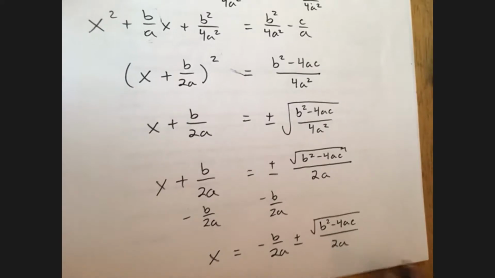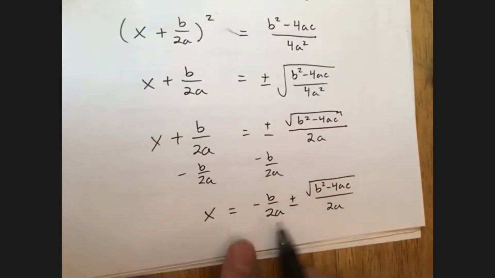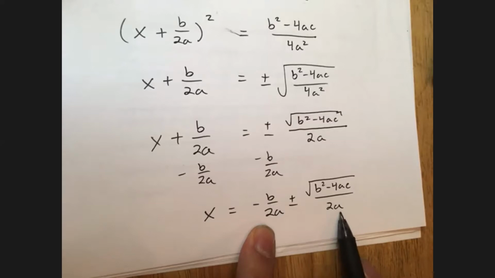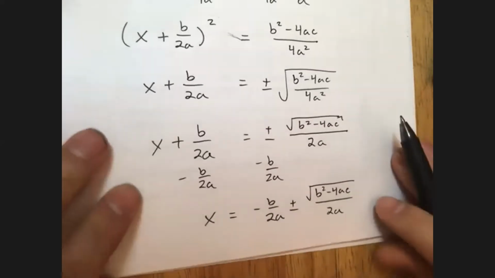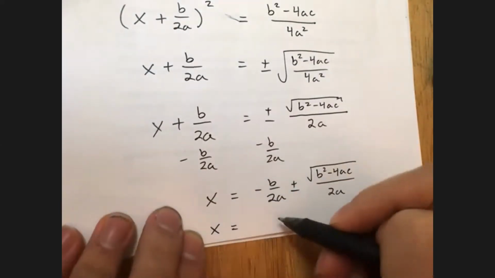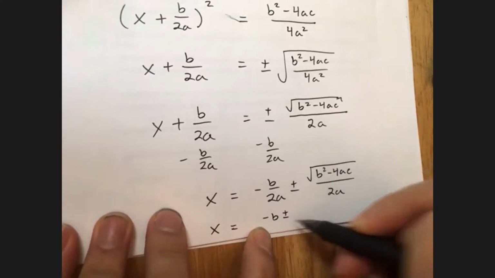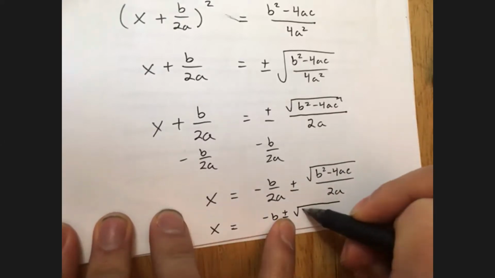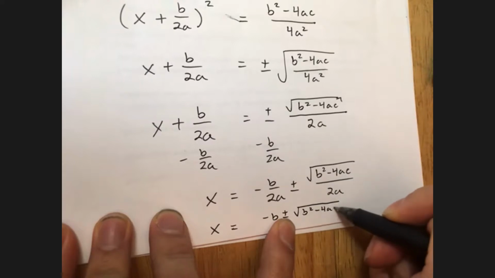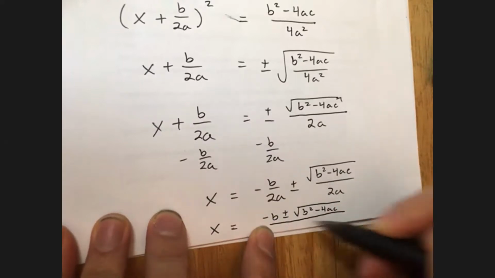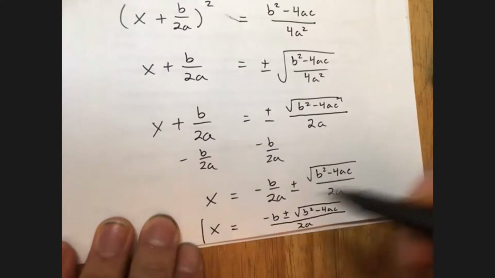And usually when they write down this formula, they write it as a single fraction with a common denominator. So let me try to squeeze that down in here. They're going to write negative b plus or minus the square root of b squared minus 4ac over 2a.